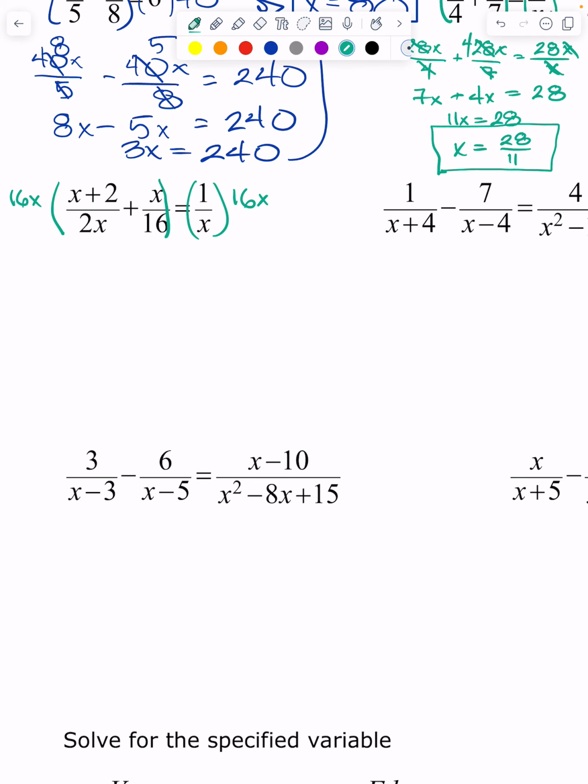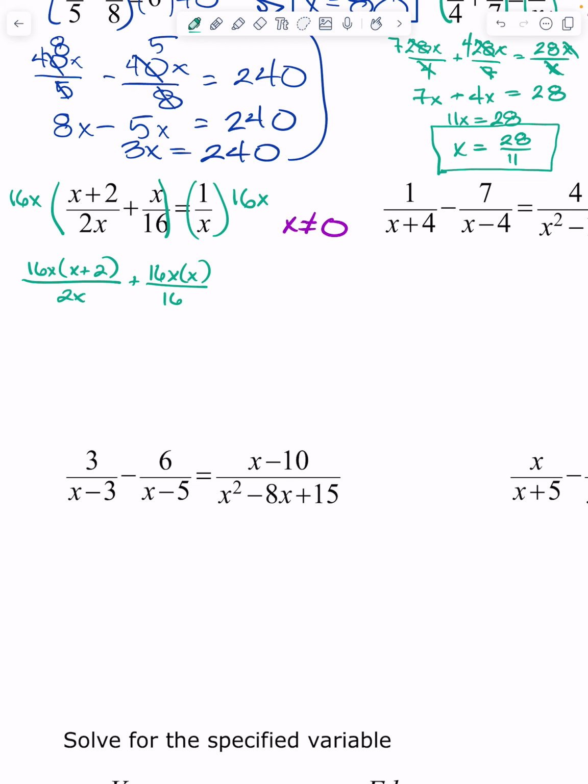Now again, because I should probably be in the habit of doing this at the beginning, x cannot be 0 because I have a 2x and an x in my denominator. Plugging 0 in on either of those is going to make that part of the expression undefined.